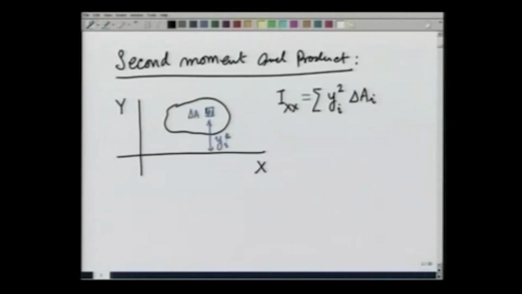This is the second moment of this area with respect to the x-axis, and this obviously goes to the integral of y square dA.